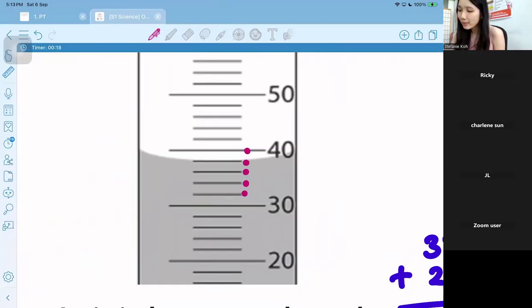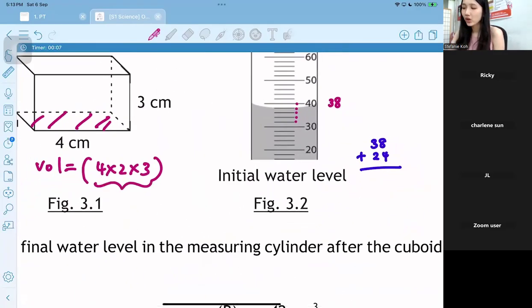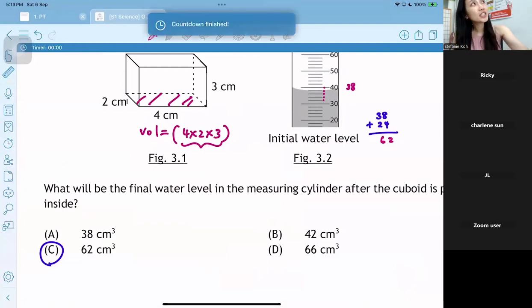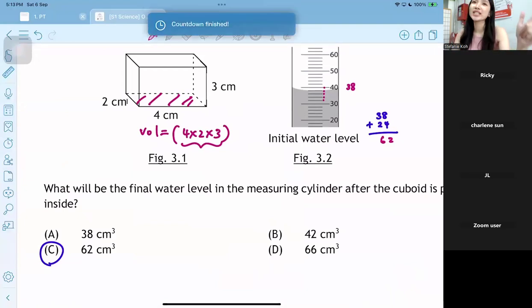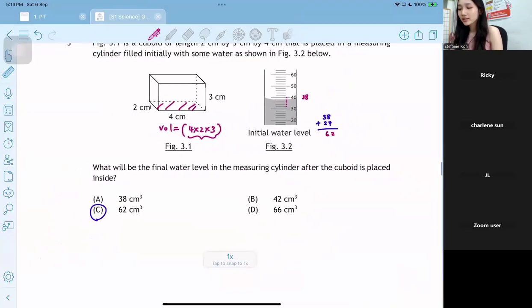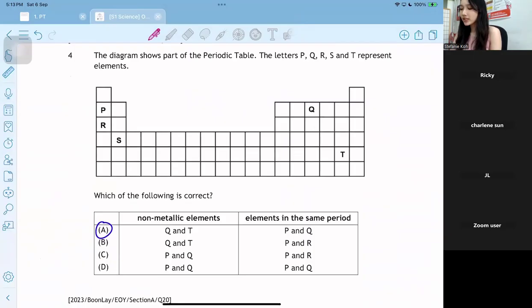At the bottom of the meniscus, we have the reading of 38 cm cube. 38 plus 24, you will get the final volume, 62. So either your calculation somewhere is wrong or you read the meniscus wrongly. Those are the 2 possible misconceptions I can think of for this kind of question. Next, question 4. Non-metals versus metals.